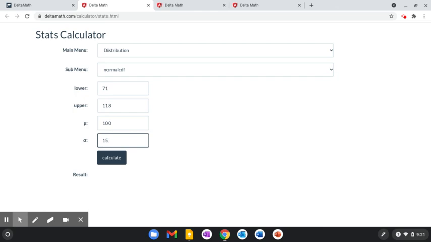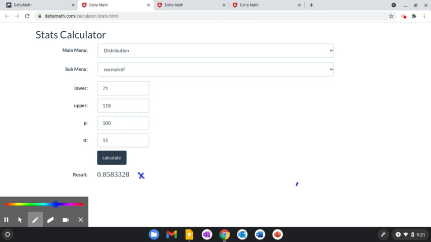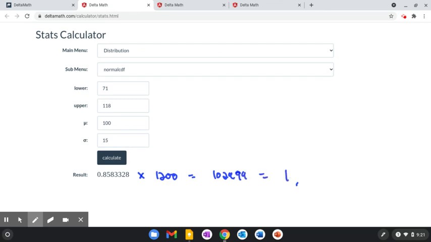Calculate. We're going to get the same results. And then we just take this and times it by 1,200 to get 1029.99, which equals 1030 people. So whatever you prefer for that, you've got options.